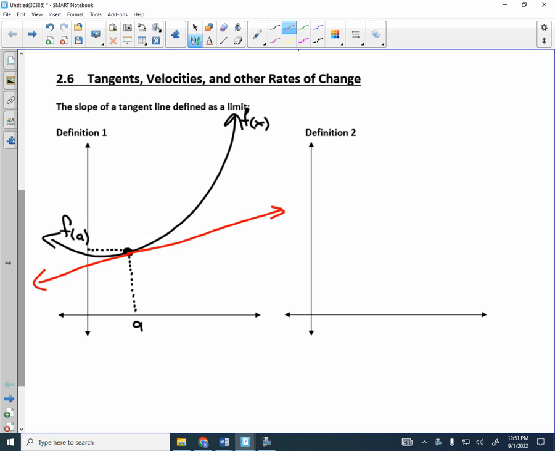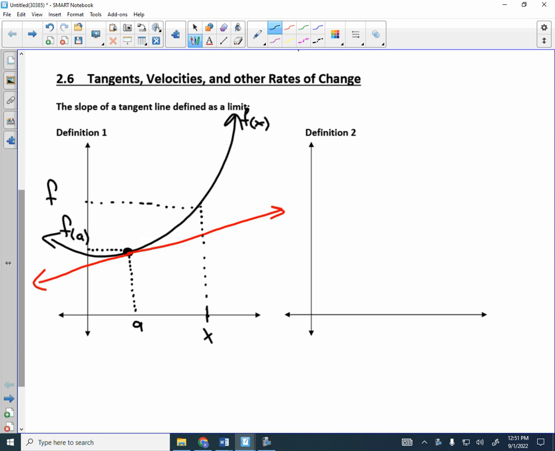So what we've decided is we can't find the slope at one point, so we create a second point. I'm going to call that x. I plug that into the function. What is the y value?